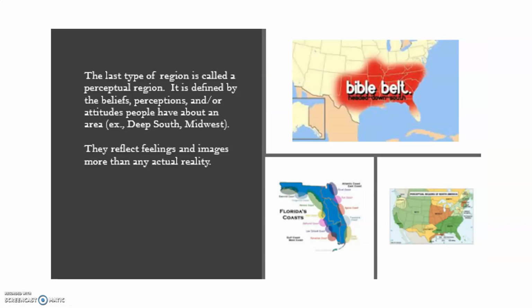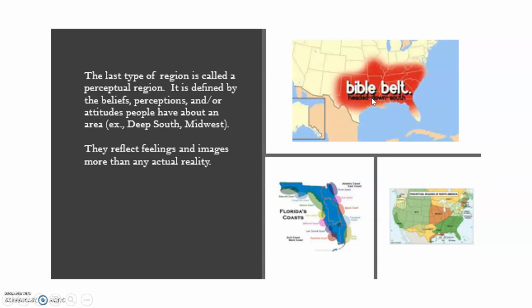Our last type of region is called a perceptual region. This is defined by the beliefs, perceptions, and/or attitudes that people have about an area. For instance, some people say they live in the deep south or they live in the Midwest. On this top map, this is a region called the Bible Belt. It is not a formal region.